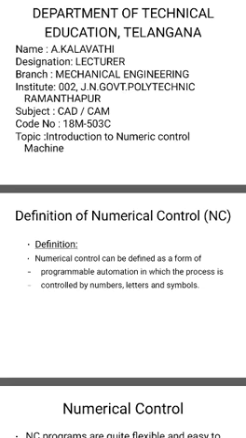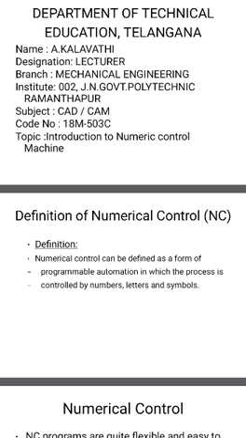It is a form of programmable automation in which the process is controlled by numbers, letters, and symbols. So, it is a program written by numbers, letters, and symbols. This NC machine is a program of instruction designed for a particular work part or a job. So it is a program written for a job or a part of work.